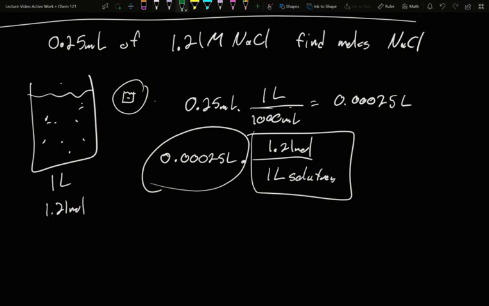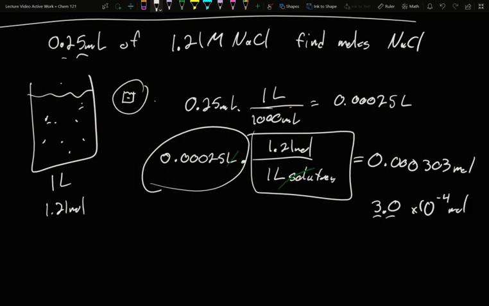My liters on top and bottom will cancel, and this will be equal to 0.000303 mole. 2 sig figs, so basically 3.0 times 10 to the minus 4 moles. So there's very few moles in this very small amount of the container we took out, which makes sense. Most of the container was left behind, so most of the moles was left behind.